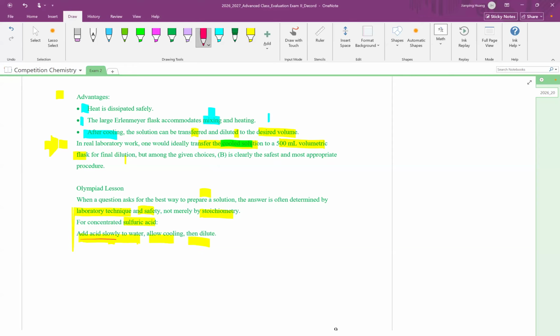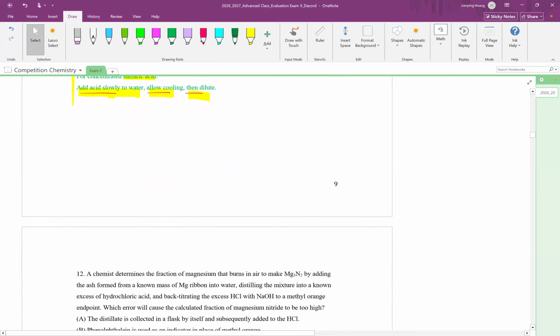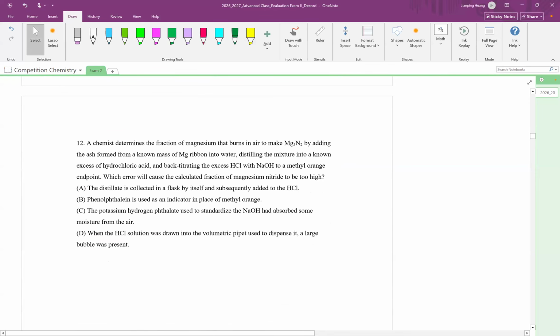Add slowly, cool down, then dilute. That's the way to do that, okay? And now, you will take an exam. Of course, when you take an exam, you do not have a chance to make the solution. You do not have to, okay? Right? Okay, so we've done this one. Now go to the next one.